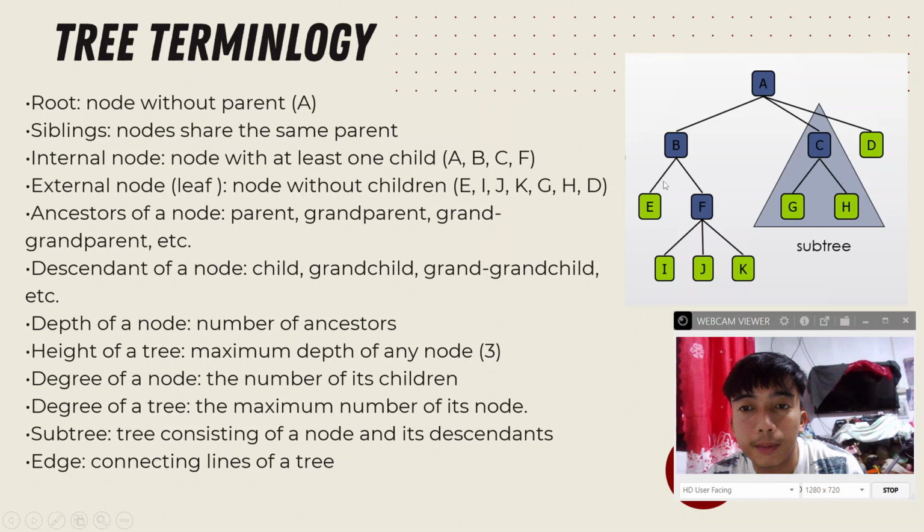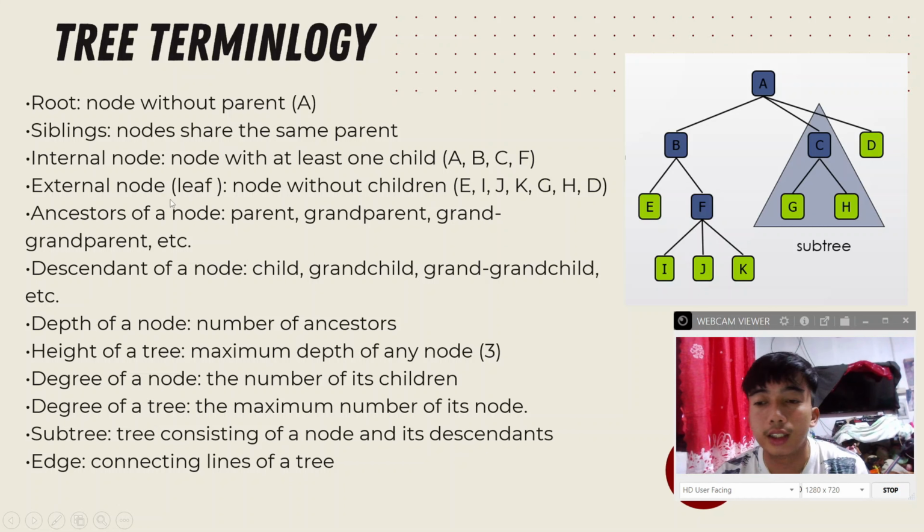Also B, because it has two children, E and F. C also has two children, G and H. And F has three children, I, J, and K.